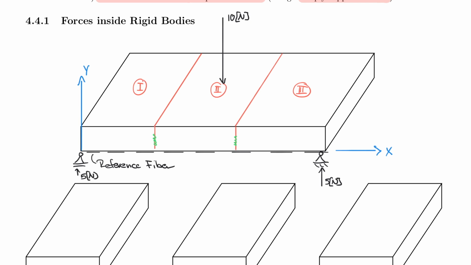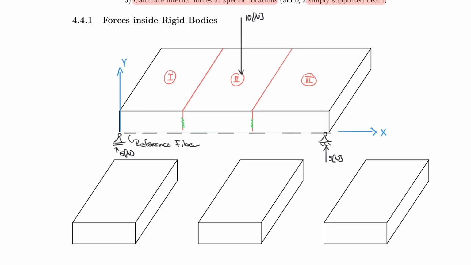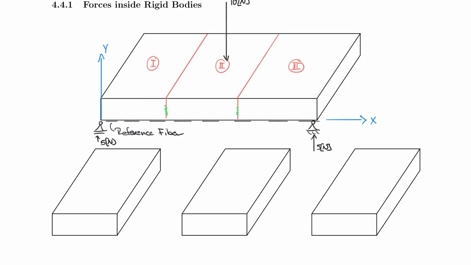Okay, and now you can already guess where we're going. I took it already apart for you here in the pictures on the bottom. So let's bring down our reference fiber first, and let's see how the system looks after we cut it apart and what forces we actually have to deal with.